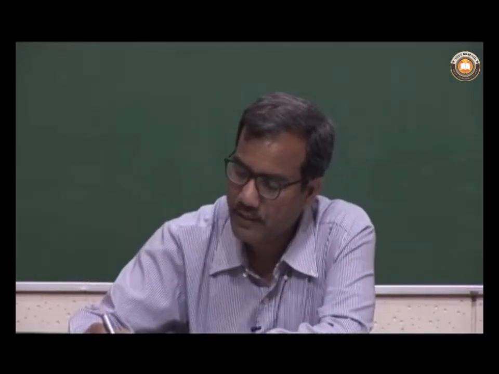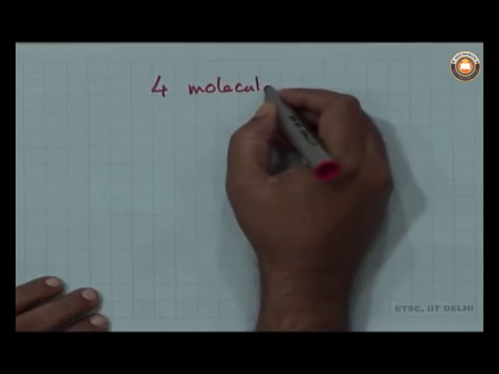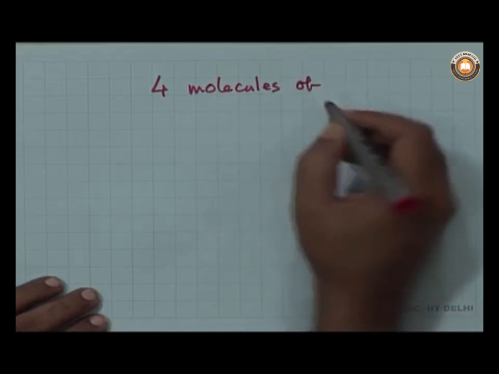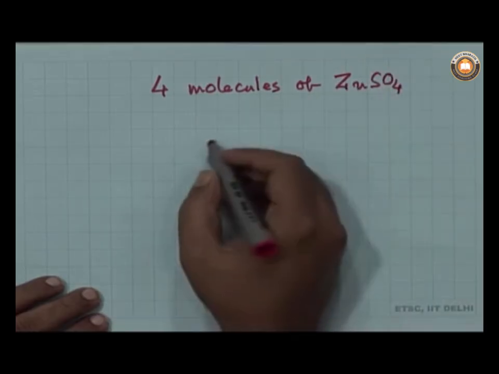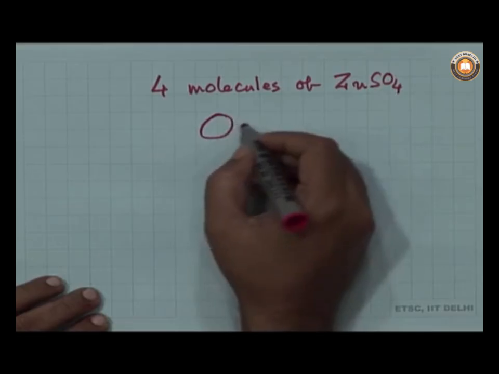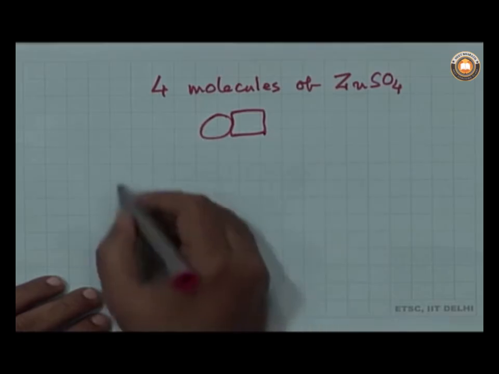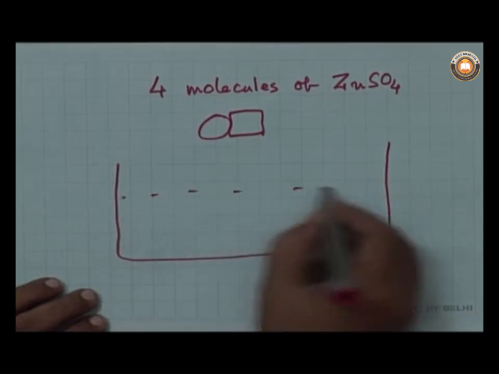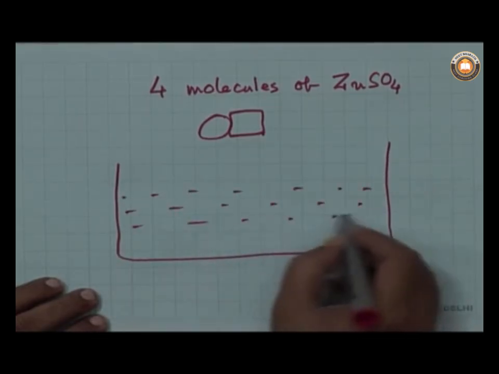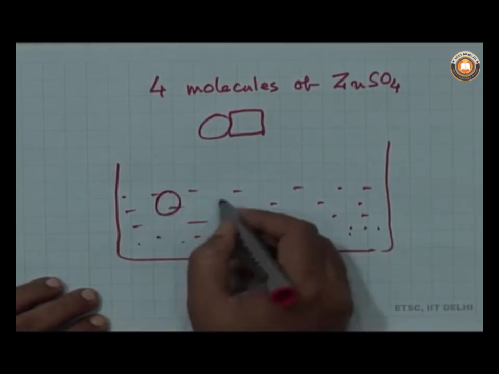For example, if I take 4 molecules of zinc sulphate, which is a strong electrolyte, zinc and sulphate ion, and put this into a beaker with water solution, almost all will dissociate.